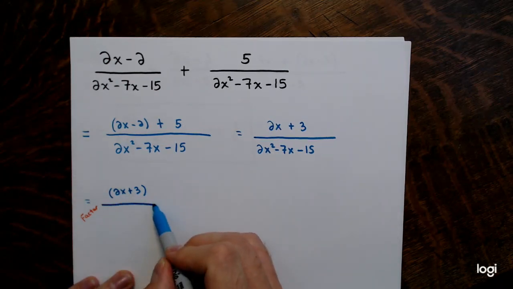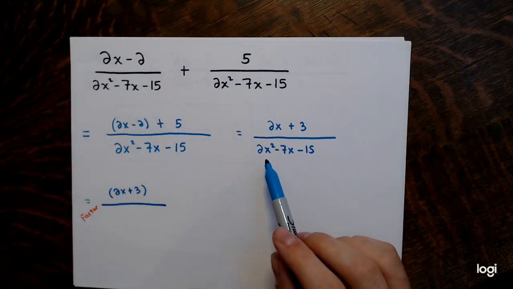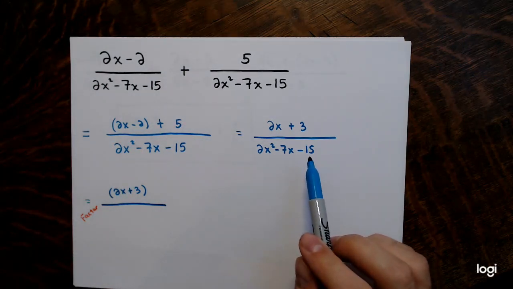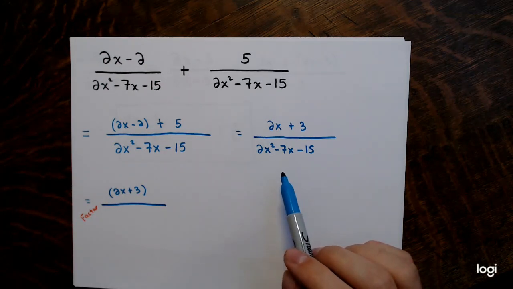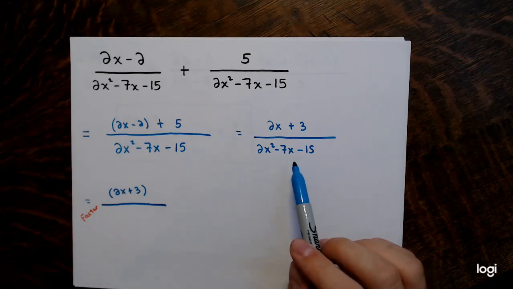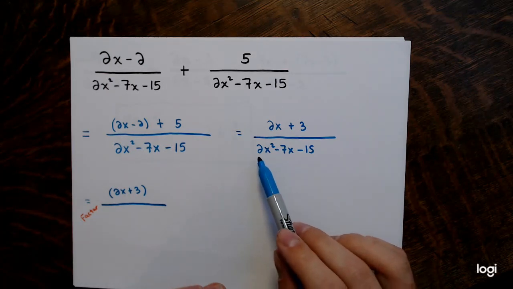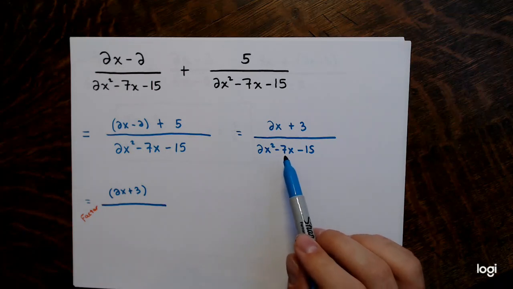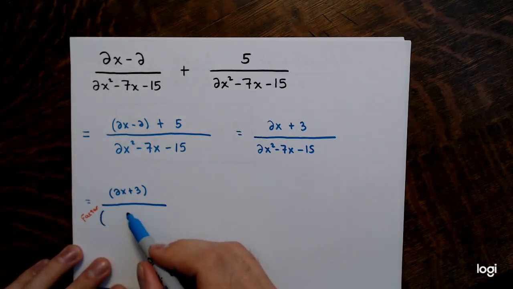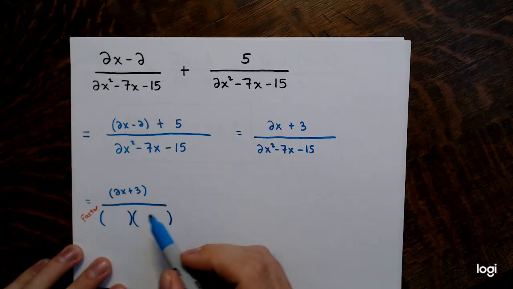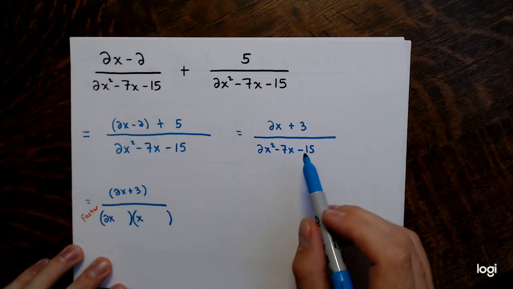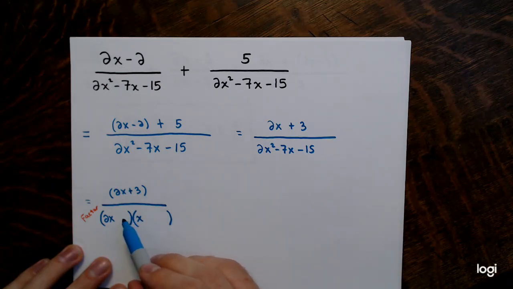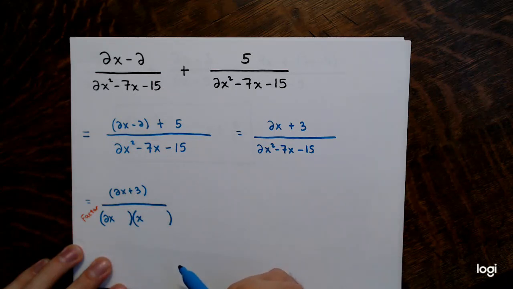All right, and then the denominator, and I've put up videos before of factoring quadratic trinomials in the form ax squared plus bx plus c. You can look at those, read your book on factoring, find some other videos. I'm just going to kind of say this. 2x squared minus 7x minus 15 would factor. We'd have to have 2x in one, x in the other to give me 2x squared. And then I'm looking for factors of -15 to go here and here, so that when I FOIL I get -7x.